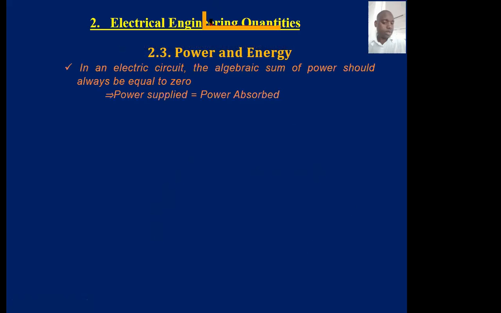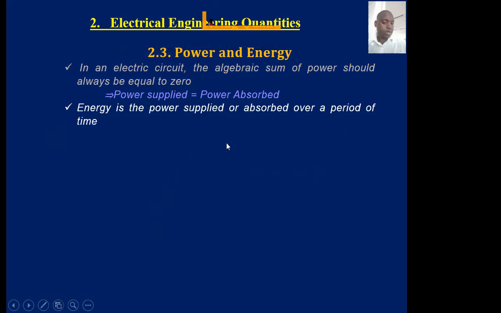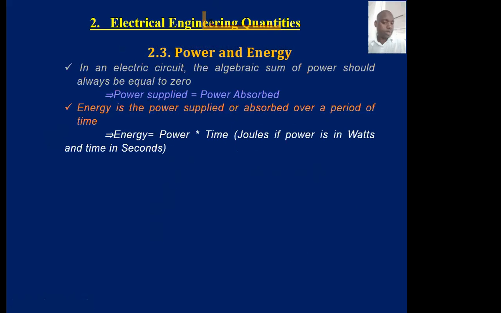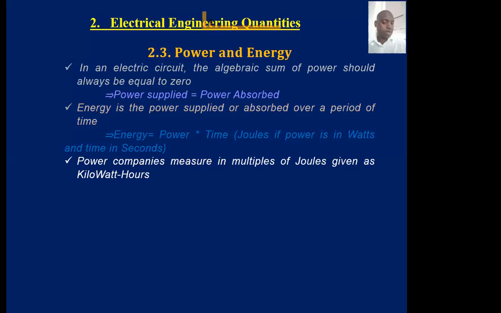Right. So power supplied is called power absorbed. Energy is the power supplied or absorbed over a period of time. That means our energy becomes power times time. When the power is in watts and the time is in seconds, this is a straightforward expression.